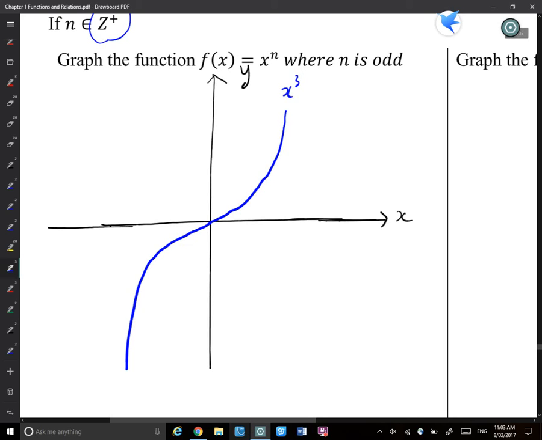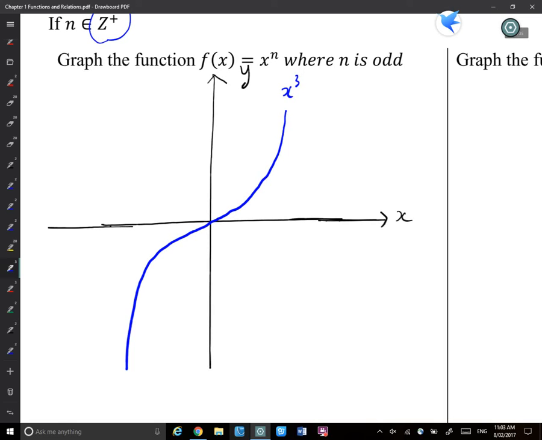If we have x to the power of 5, where will they intersect? If we have x to the power of 3 and x to the power of 5, where are the points of intersection? 0, 0 is definitely one. How about other points?